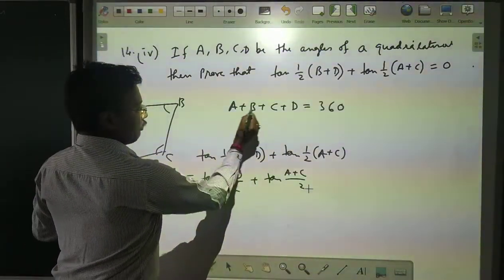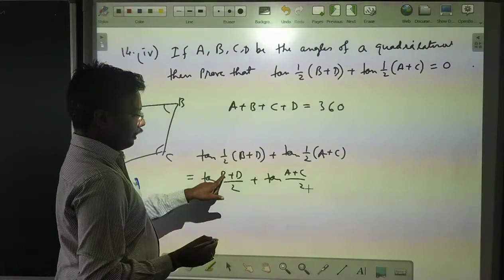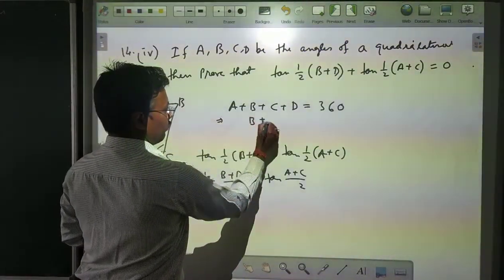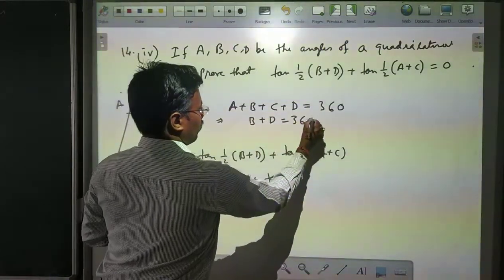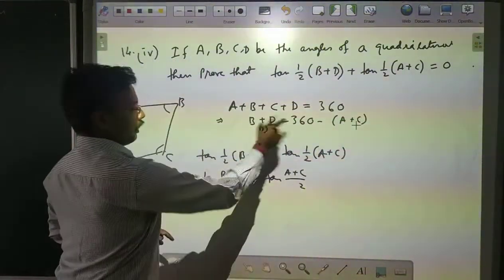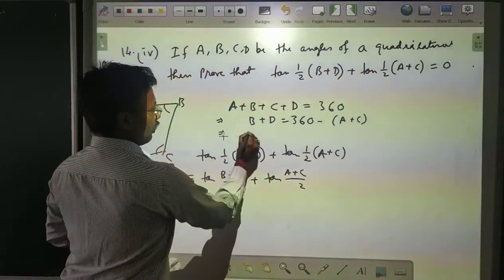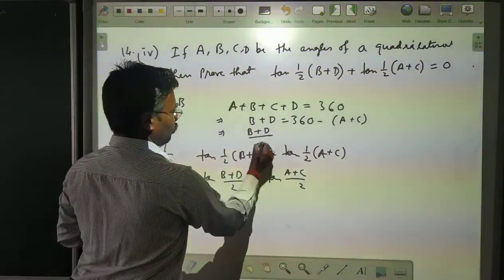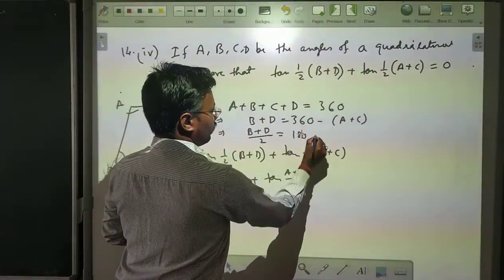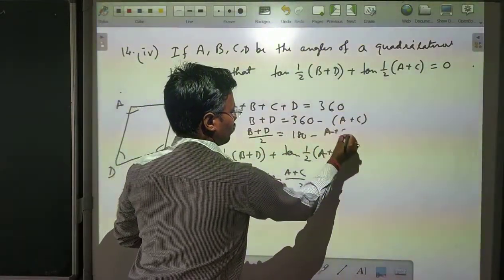See, here we are getting A plus B plus C plus D. Now to find (B plus D) by 2, first you get B plus D, that is 360 minus (A plus C). Now dividing both sides by 2, we get (B plus D) by 2 is equal to 360 divided by 2, that is 180 minus (A plus C) by 2.